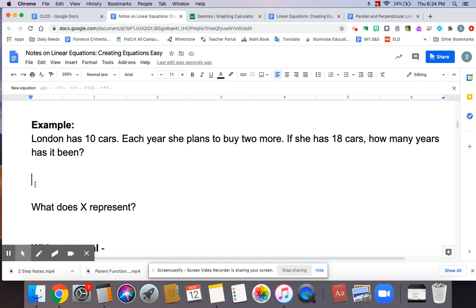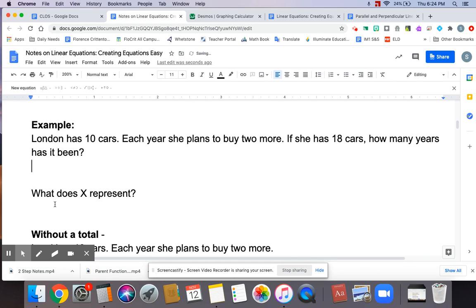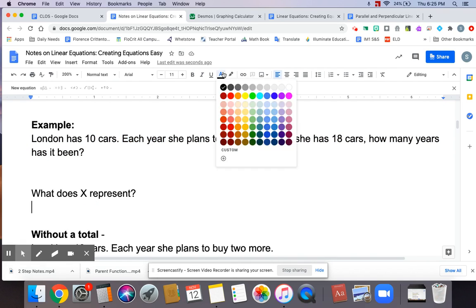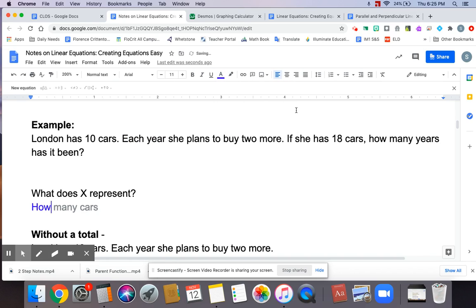But to do it more mathematically, we could create the equation. In math, remember x represents time. And in this situation, when does it talk about any sort of time? It says each year. So x in this situation is talking about how many years it's been.